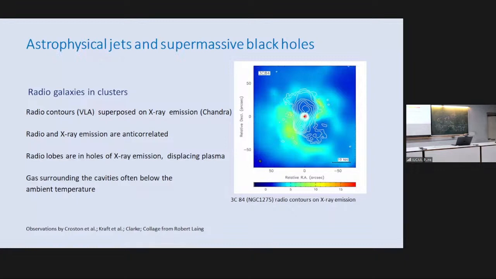The color is the X-ray emission. You can see these cavities over here. These cavities are the ones where the radio plasma has actually pushed out the X-ray emission and not let it collapse. And so you can see the jets coming out from active galaxies also affect the clusters of galaxies. So jets actually have an effect on galaxies.